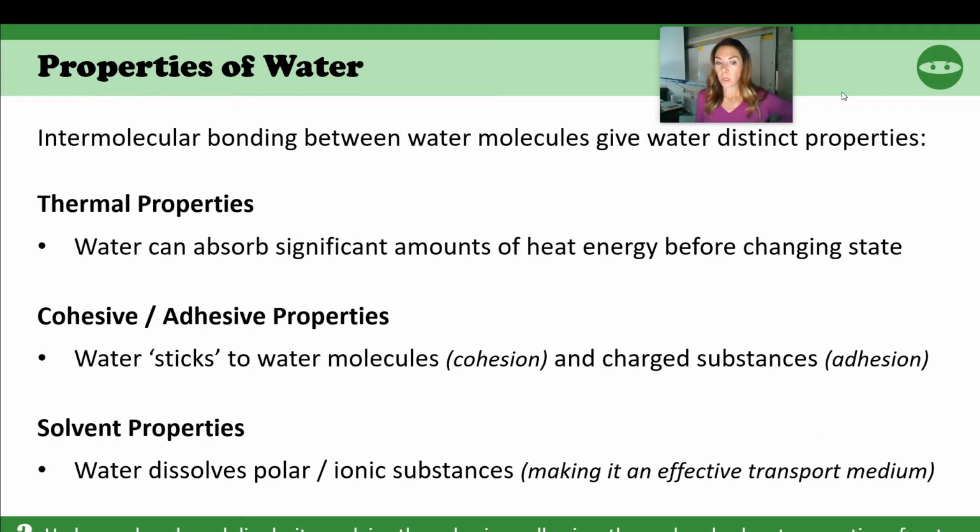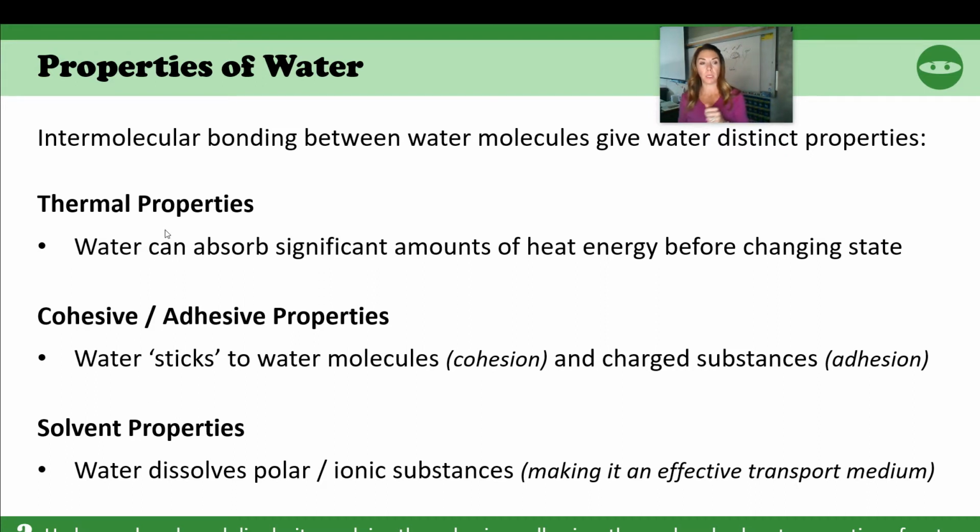Okay, so let's talk about the three properties of water that make it distinct from other things. We've already talked a little bit about how it's neutral, right? So it's a great place for chemical reactions to occur because it's a neutral solution. But with the thermal properties, talking about heat, this comes into play a little bit more.